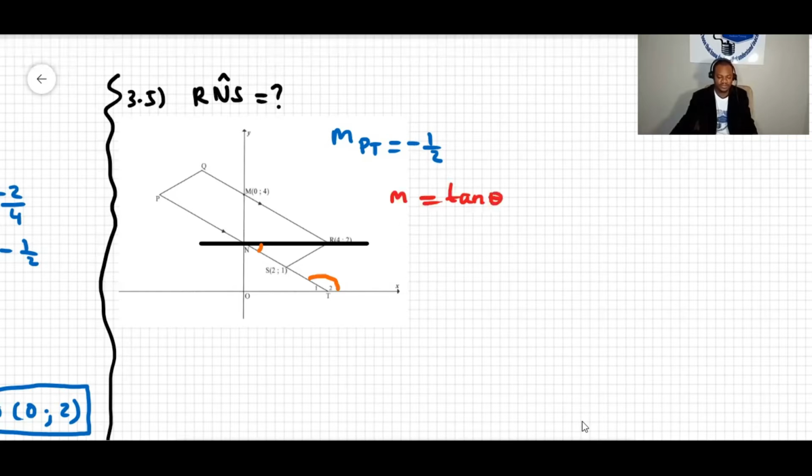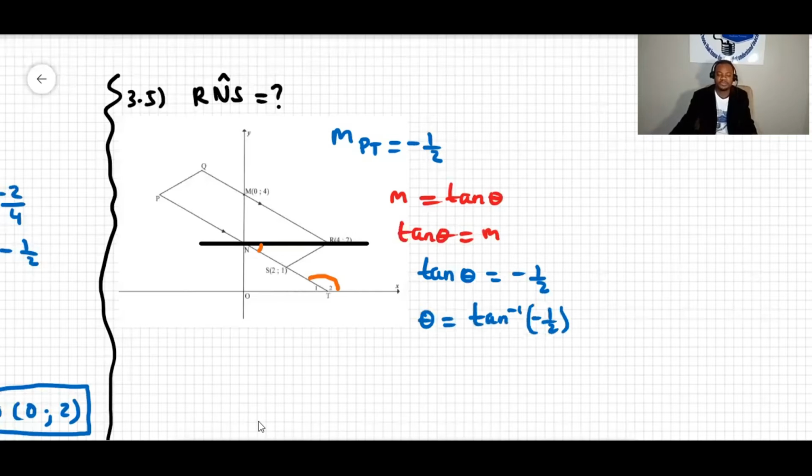In other words, tan of the angle will be equal to m, which is -1/2. So now we can press in the calculator tan inverse of -1/2 to find theta.